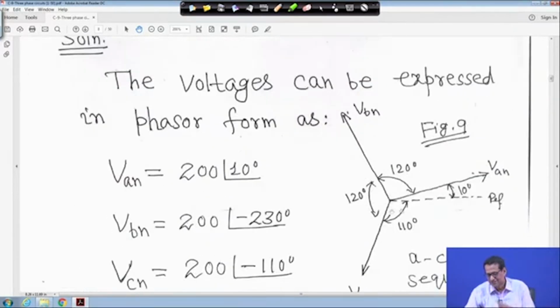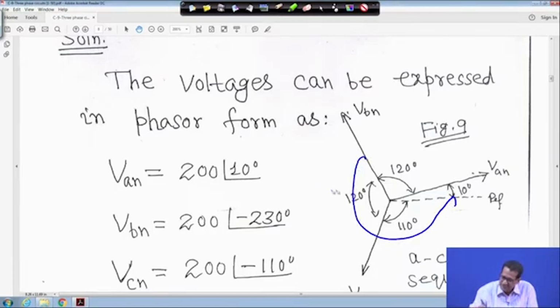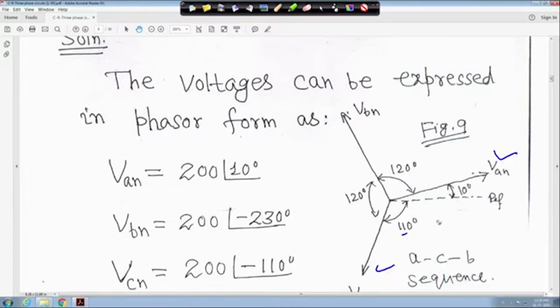If you see the angle between VAN and VCN, 110 and 10, it is 120 degree. Now if you look at C and B, you will get 120 degree. Here also, between these, it is 120 degree. That means the phase sequence is ACB.